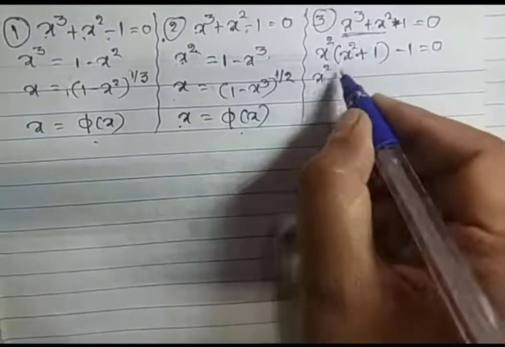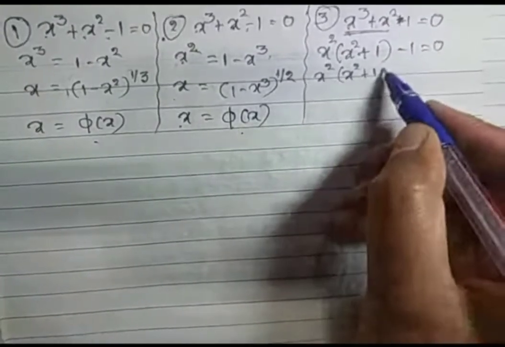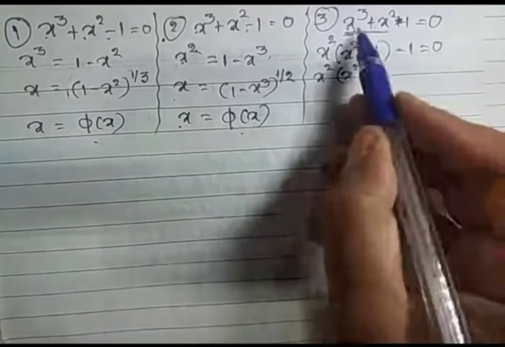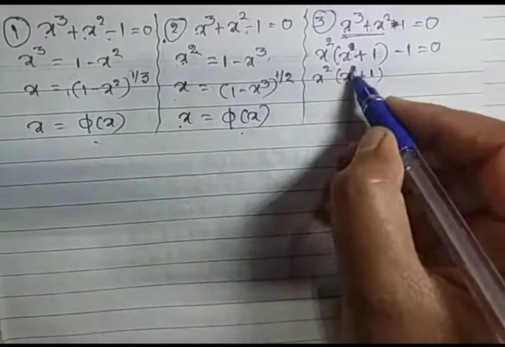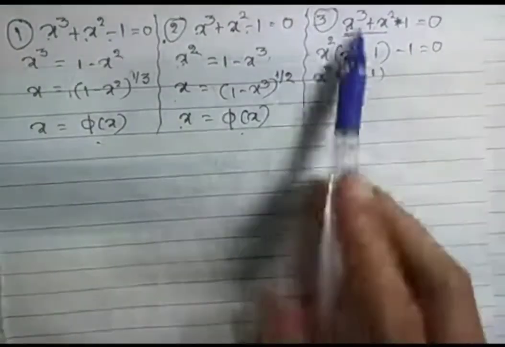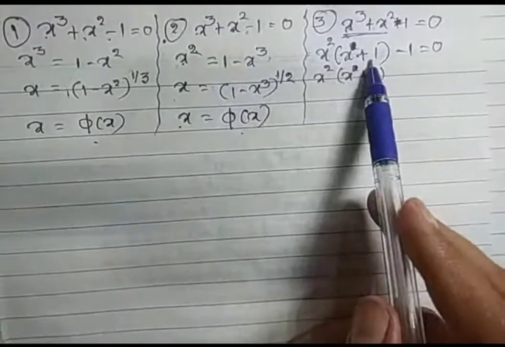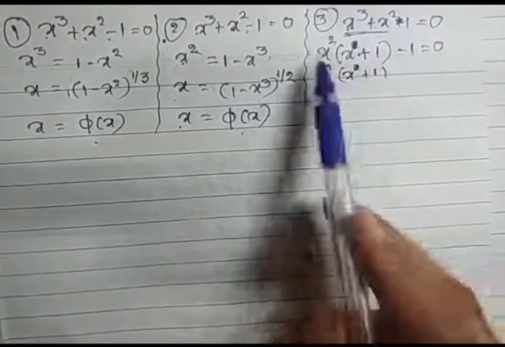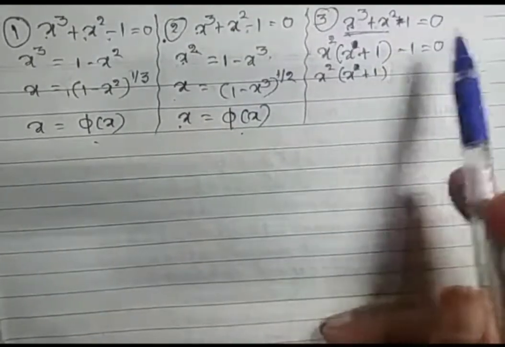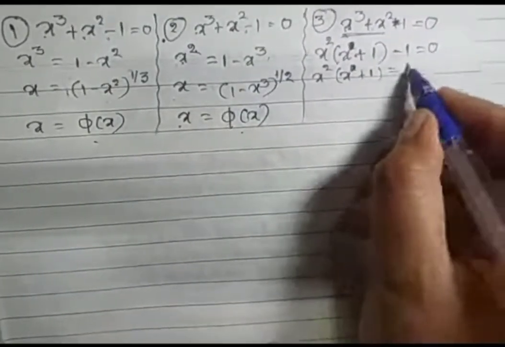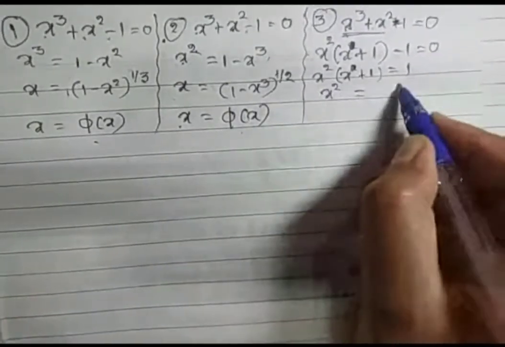From x cube we are taking x square outside, so here just x will remain. After taking x square, within the bracket we have x plus 1, then here it is minus 1. So write x square and x plus 1 as they are, take minus 1 to the right side, which is plus 1. So x square into x plus 1 is equal to 1.